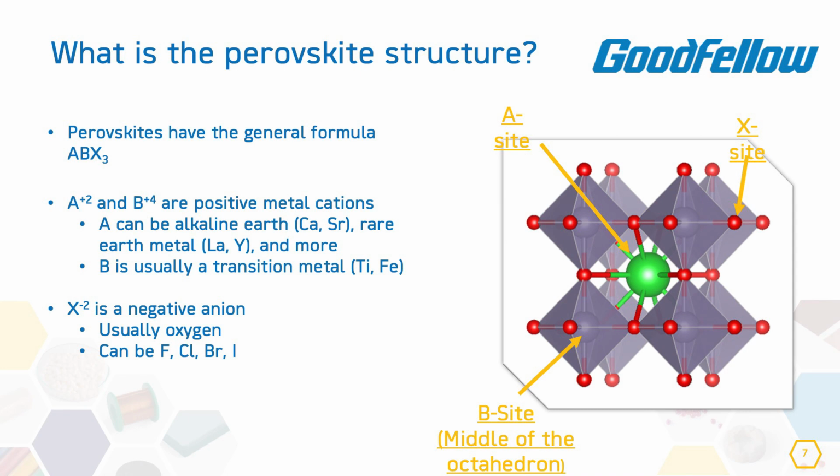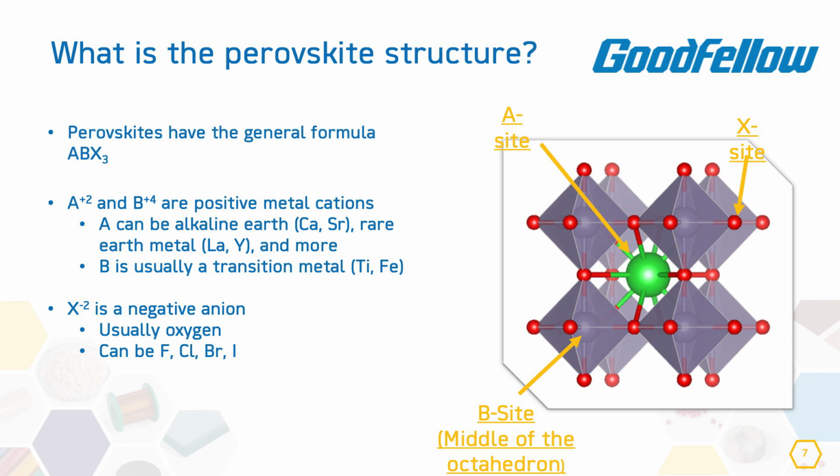And because the B site is smaller, the B site contains smaller things such as 4+ transition metals, and these can be titanium, iron, zirconium. But again, this can also contain 3+ cations, such as iron 3+, rhodium 3+, chromium 3+. And the atoms that are on the X site are usually a 2- ion, such as oxygen.